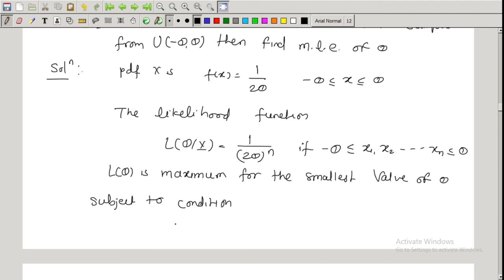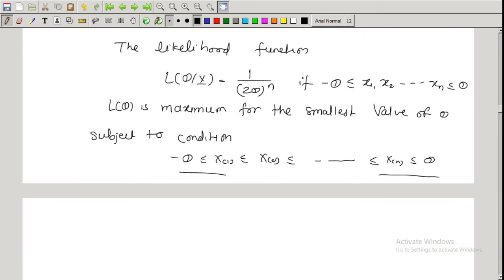So what is the condition? Minus theta is less than equal to x order 1 is less than equal to x order 2 is less than equal to x order n is less than equal to theta. So here this term and this term on which the parameter is depend. So we consider these two.